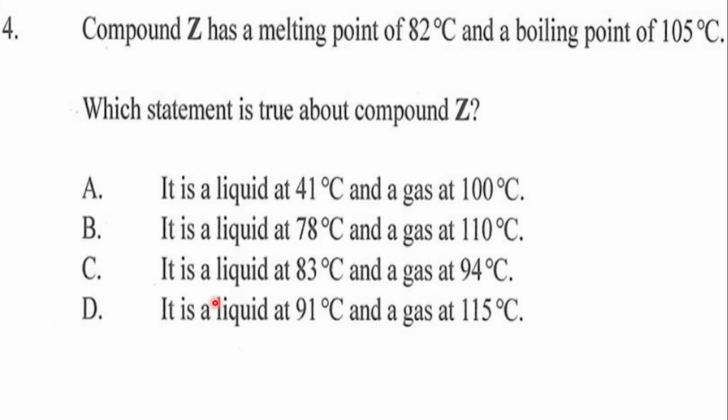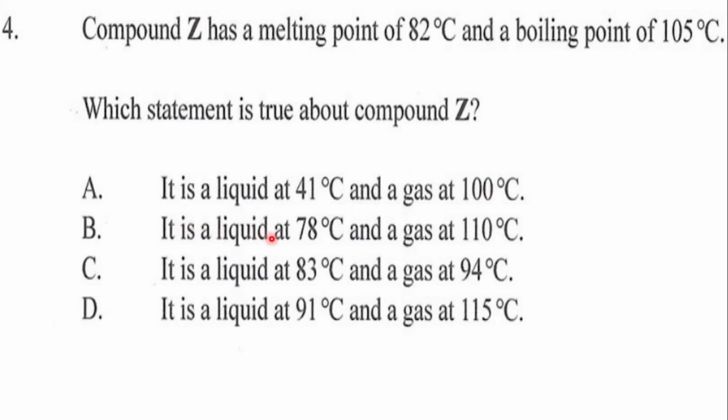Let's move on to question number 4, and it says, compound Z has a melting point of 82 degrees Celsius and a boiling point of 105 degrees Celsius. Which statement is true about compound Z? A, it is a liquid at 41 degrees Celsius and a gas at 100 degrees Celsius.